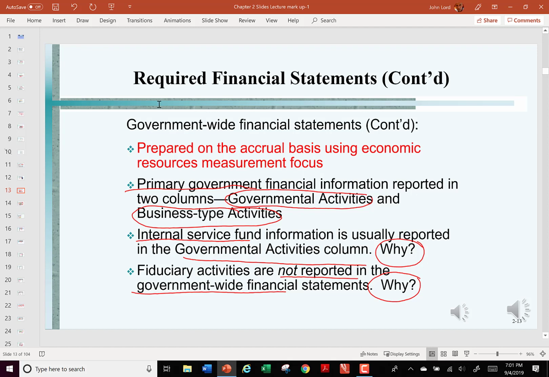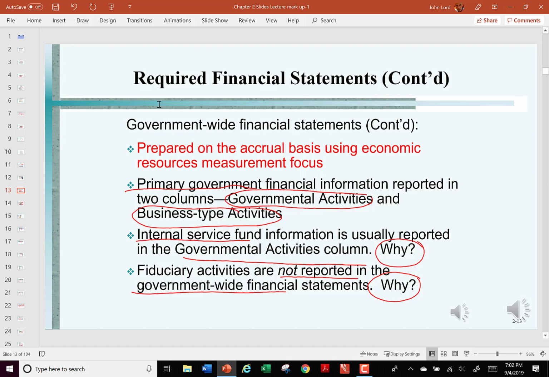They're going to say, get out of here, we only take care of police cars and fire trucks here. When those vehicles come in for service, the funds are charged for that service. So it's sort of like a business running inside of the government, even though the customer is the government. So it makes sense to put it in a proprietary fund.